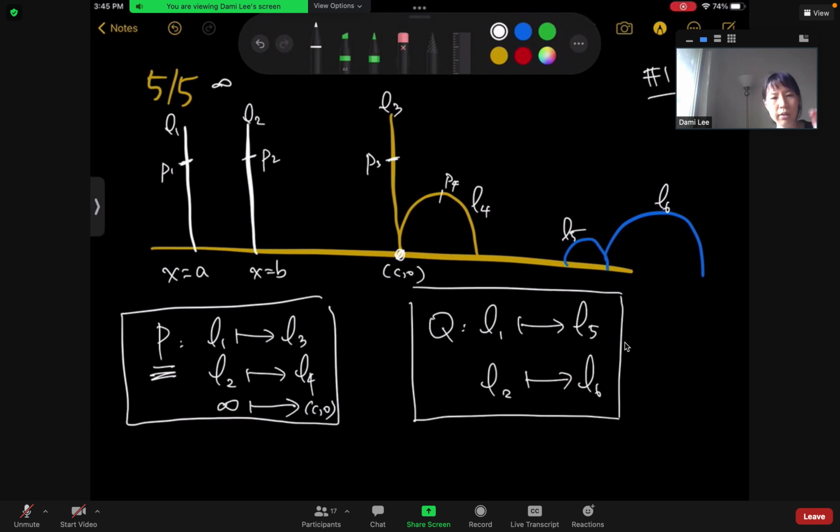P1 is only on L1, P2 is only on L2, so clearly P1 and P2 cannot be the same, neither of them can be infinity. I want to send those 3 points to c comma 0, P3, and P4. So again, the lines L3 and L4 are parallel, which means they only intersect at one point, which is going to be c comma 0, and then I have 1 point each on the lines.